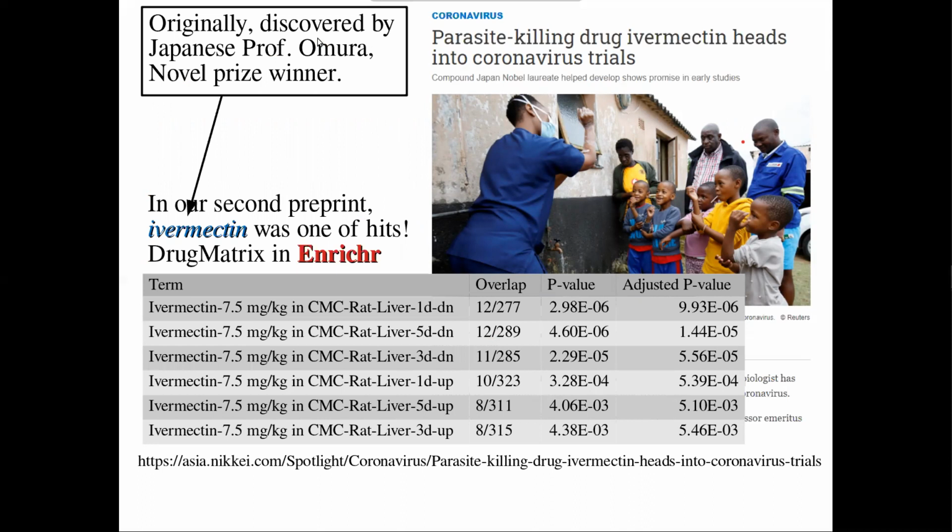The example is ivermectin. Ivermectin was once found as a parasite-killing drug by the famous Japanese Nobel Prize winner, Professor Omura. Now in Japan, ivermectin is under clinical trial to check if it can affect SARS-CoV-2 infected model animals.